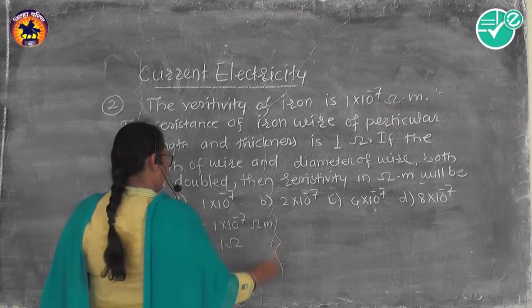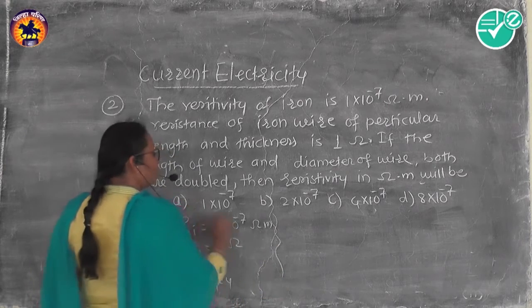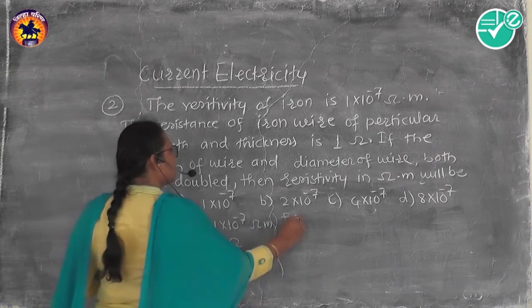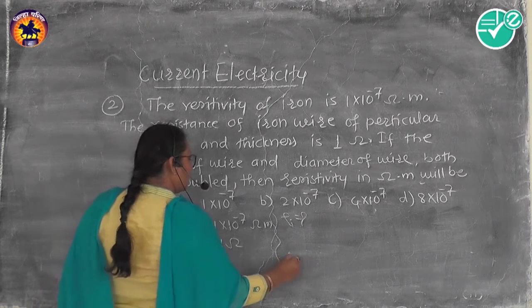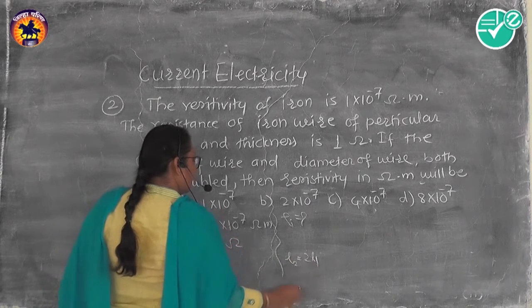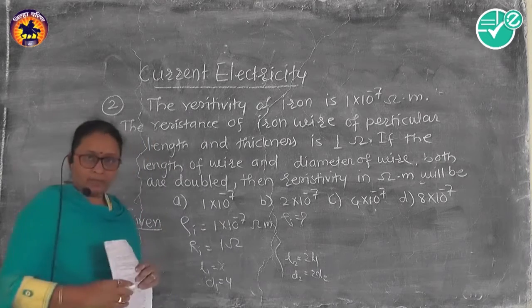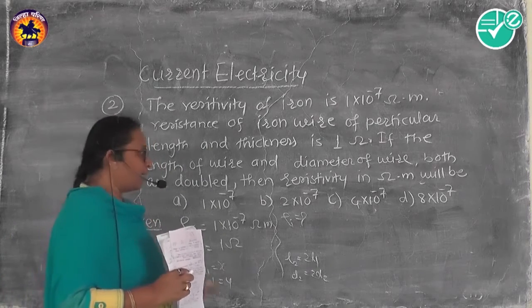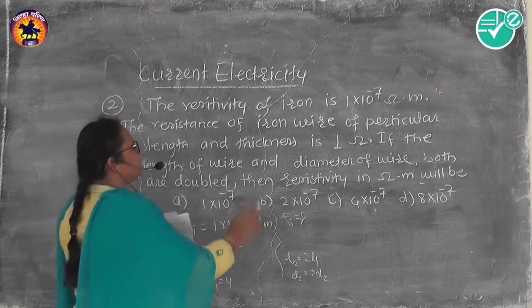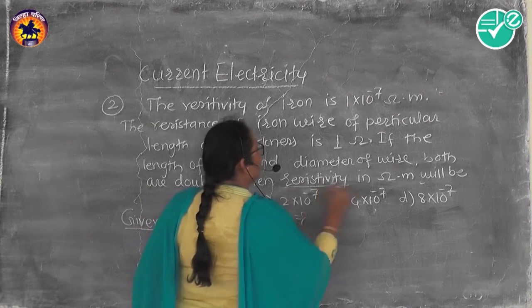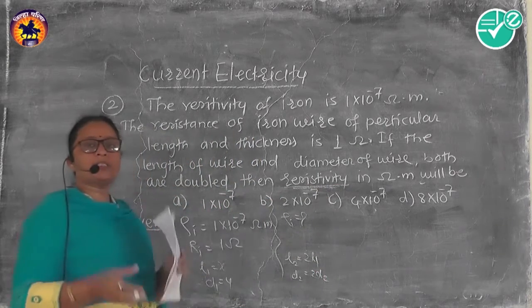Then you are asked to calculate the new value of a specific resistance if this length is doubled and diameter is also doubled.